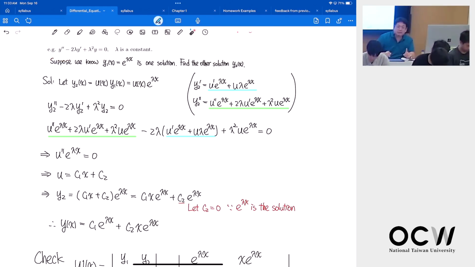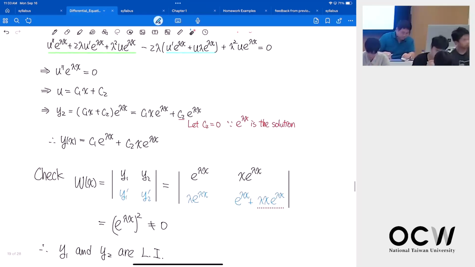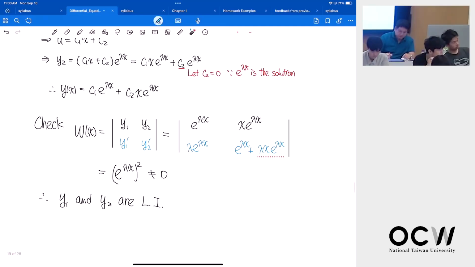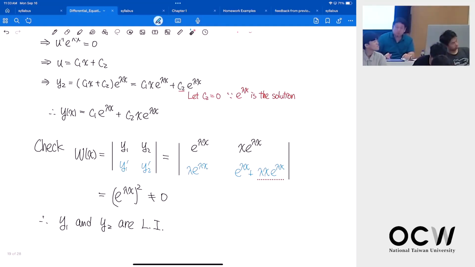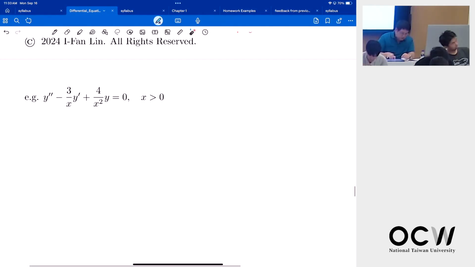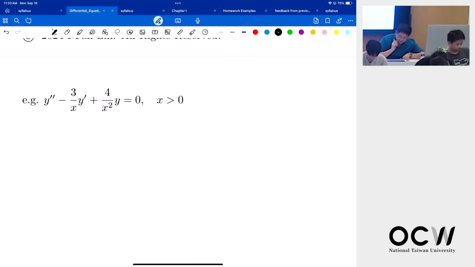And let's see another example. You will know how we use the reduction of order. But before that, any other questions for this? Okay, so now for this differential equation, I tell you that one solution is y1 equals x squared.